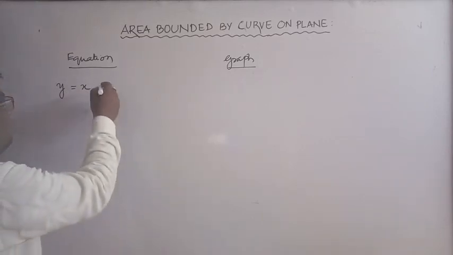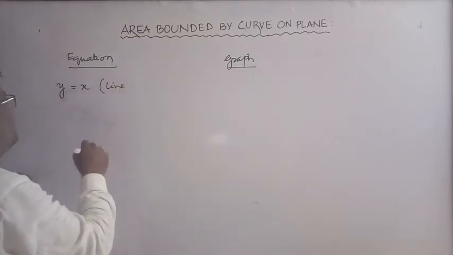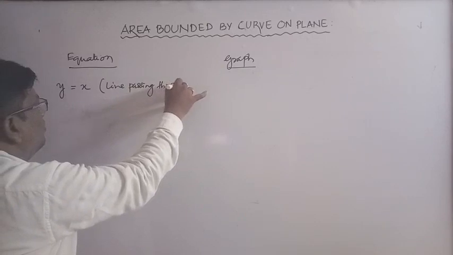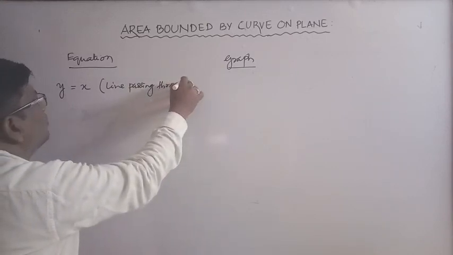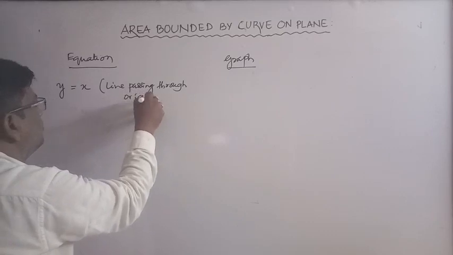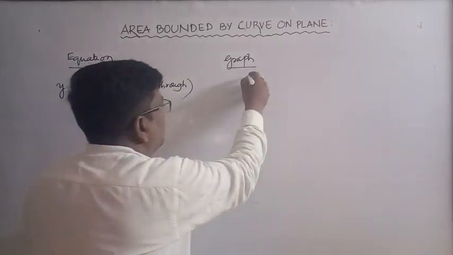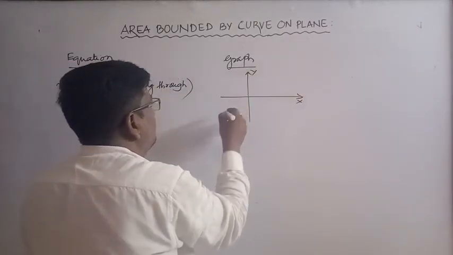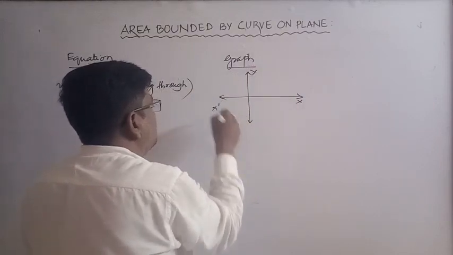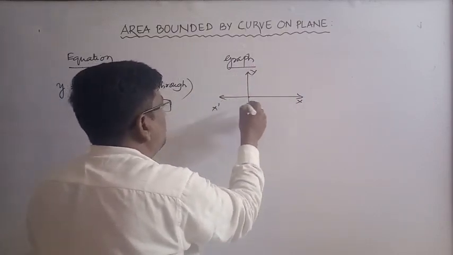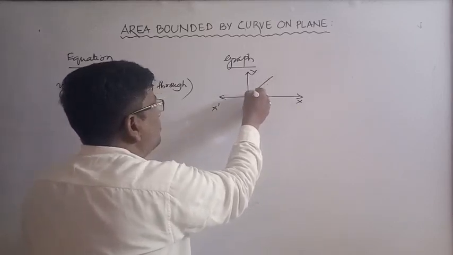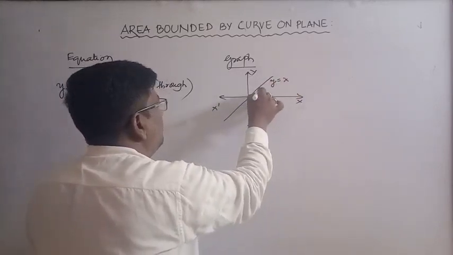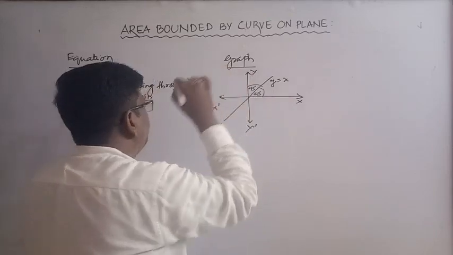This is the equation of a line passing through the origin, and its graph is like this. This is the x-axis, y-axis, x dash, y dash. This is the origin. This line makes a 45 degree angle, and also this is 45 degree.